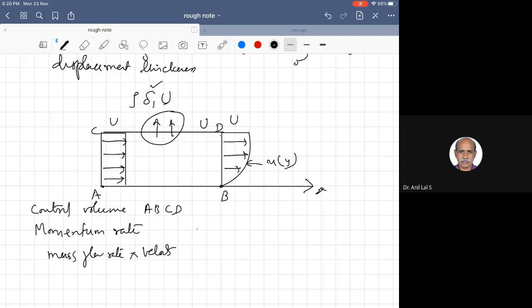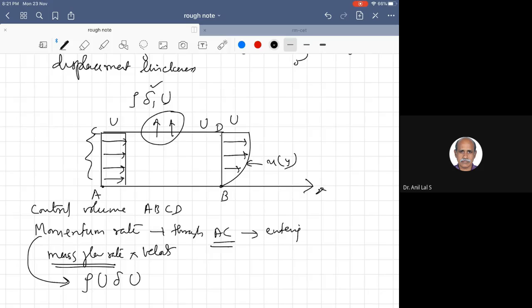What is the mass flow rate through AC? It is rho, velocity U, delta into 1, and the velocity is uniform, which is U. This is the momentum rate entering the control volume through AC.